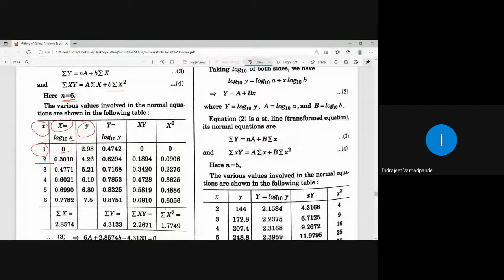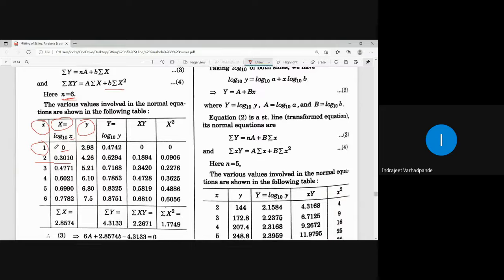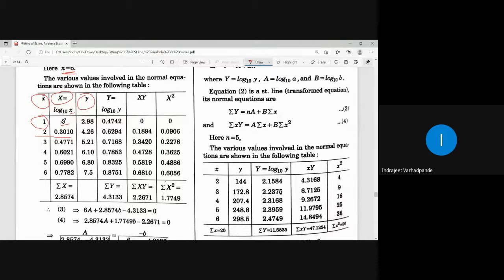So here we do not have to take ln of 2. ln of 2 tells us that the base is e, but here I am particularly required to have log to the base 10, so I will press the button log. So here you get log of 1, log of 2, 0.3010, log of 3, such kind of values will be obtained. So this is the column for capital X. Summation of capital X is the addition of all these.